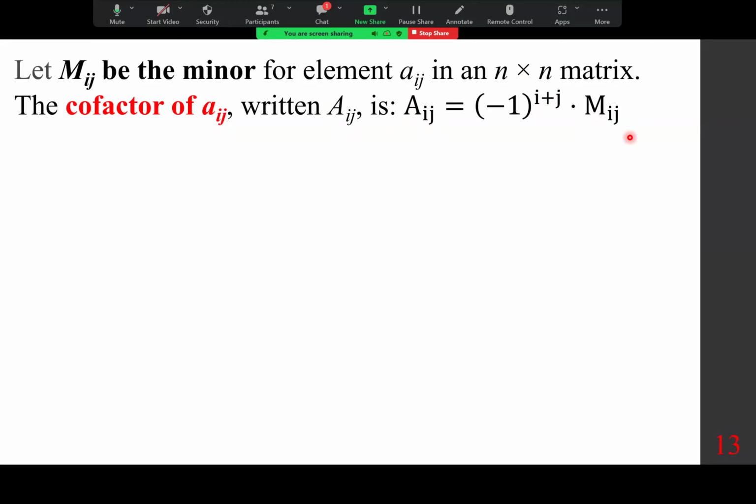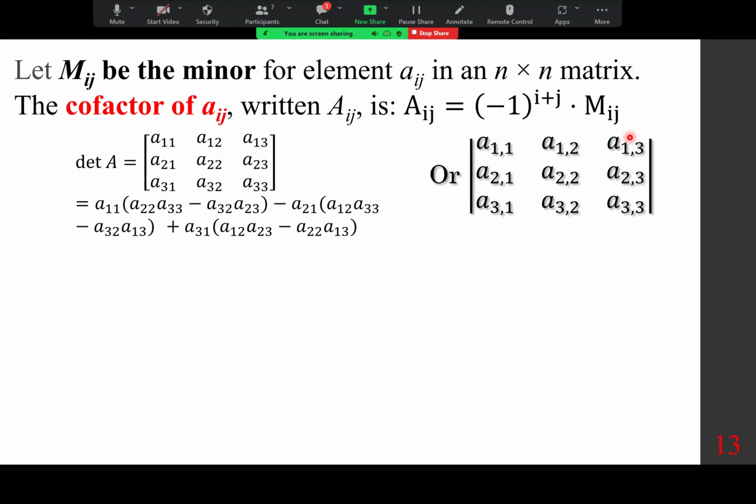I want to tell you what that means. First, you remember the determinant of this one, how we got that. We can write A sub 1 comma 1 or just A11.